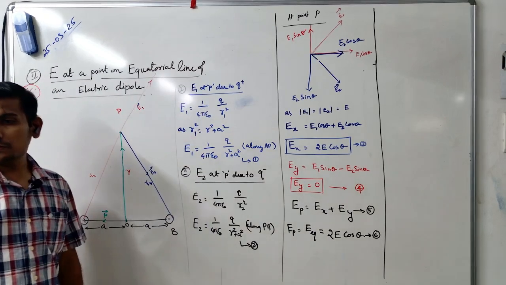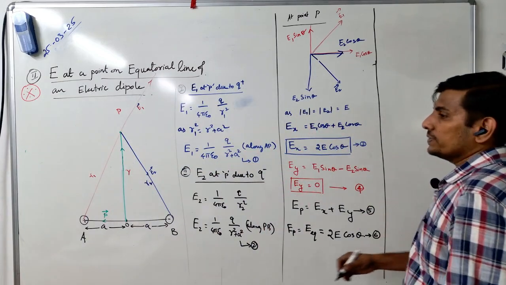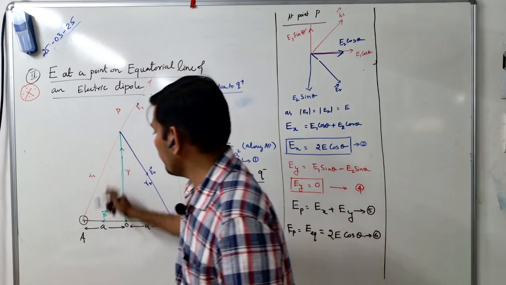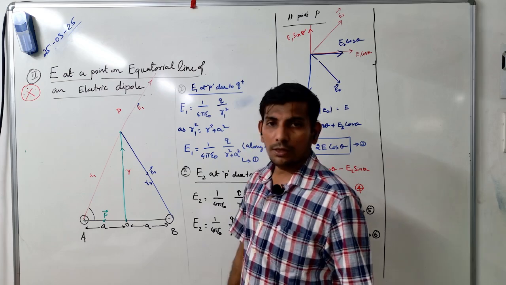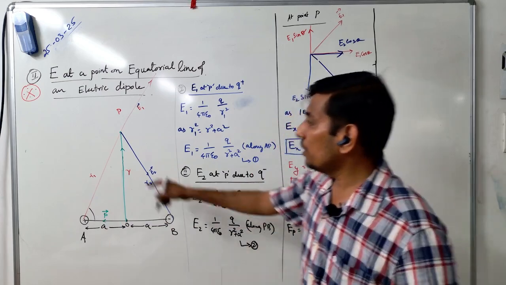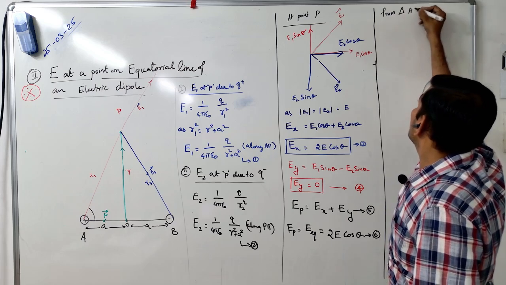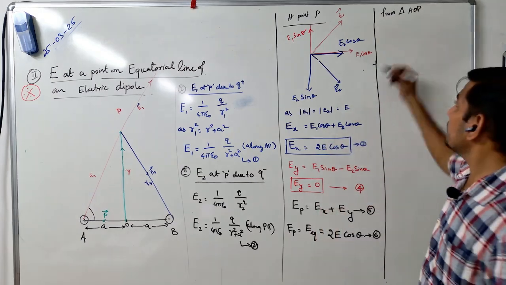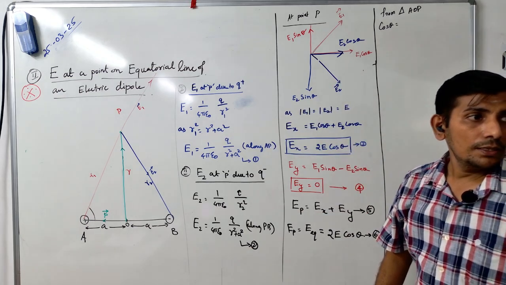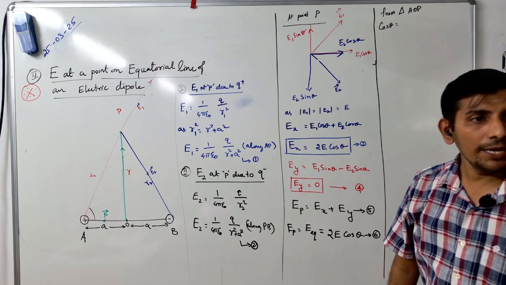Can we proceed? Now, consider this triangle APO. If this is the angular deviation theta, from this triangle AOP, what is cos theta? Cos theta is equal to adjacent divided by hypotenuse.